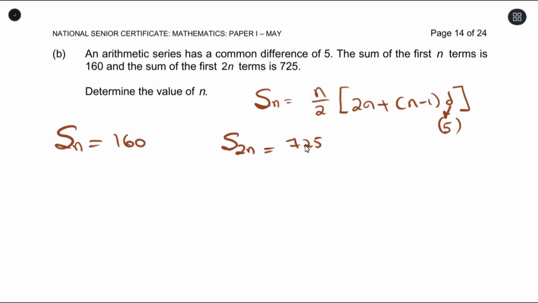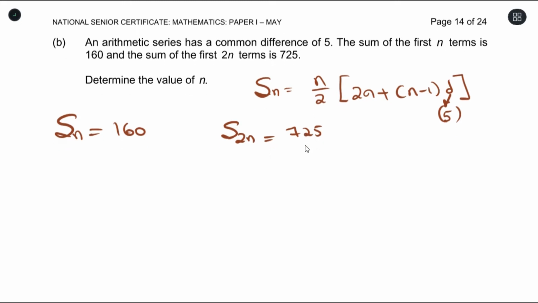Okay, so if we're going to use the information we're given, we were told in the first one here that Sn is equal to 160. So using the formula for this, I could rewrite this as 160 is equal to n over 2, open bracket, 2a plus n minus 1, d. And when I have d, I substitute 5, and I try my best to simplify. Now, because this is n divided by 2, I can move it over to that side, multiplying both sides by 2.